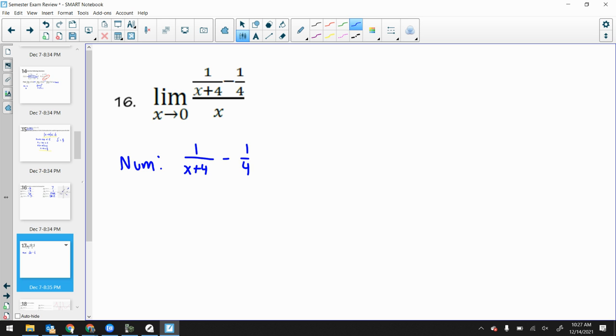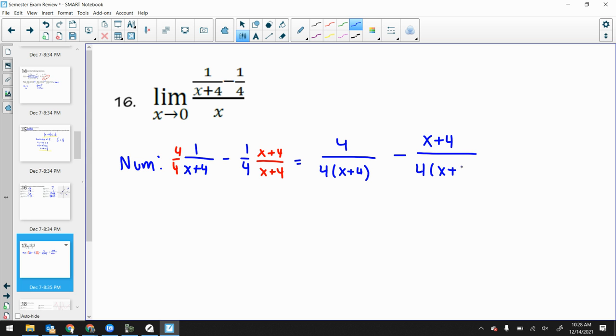All right, so let's get common denominators. Let's multiply the left side by 4 over 4 and multiply the right side by x plus 4 over x plus 4. Which will get us 4 over 4 quantity x plus 4 minus x plus 4 over 4 quantity x plus 4.